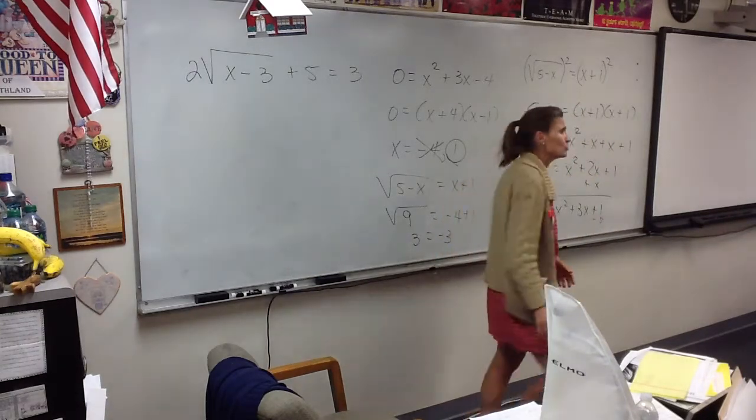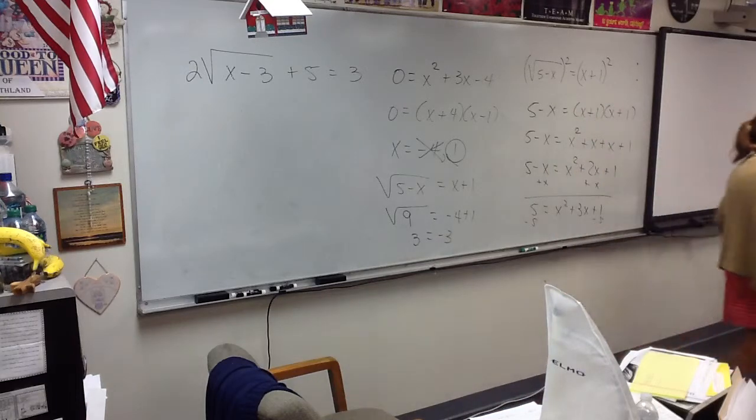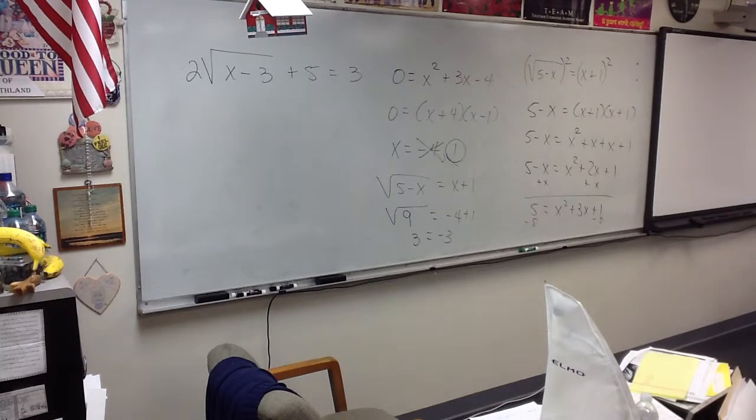Be careful, I got a little tricky here. How might we start? Yeah, get that 5 out of there. And then, if you want, you can divide both sides by 2. You don't have to, but you could.